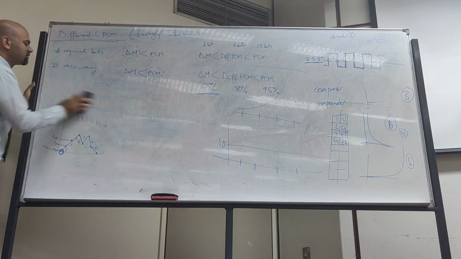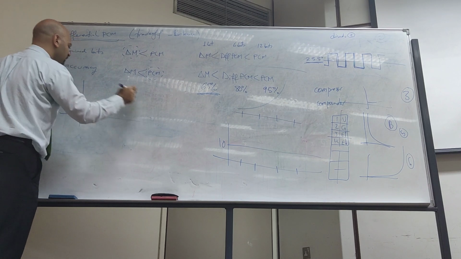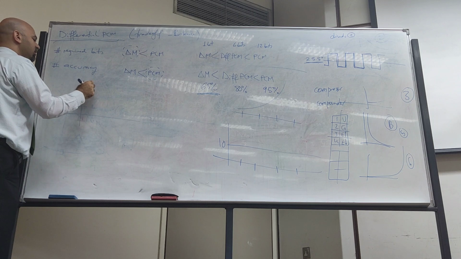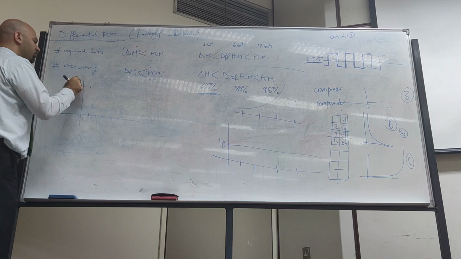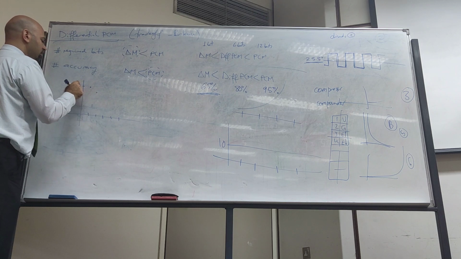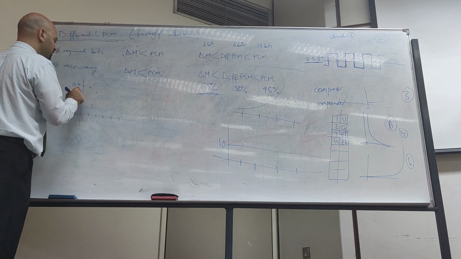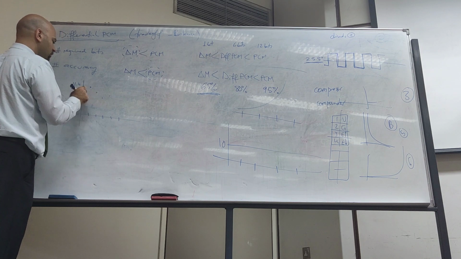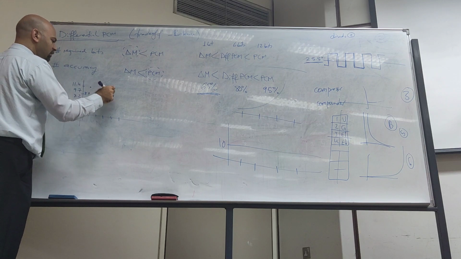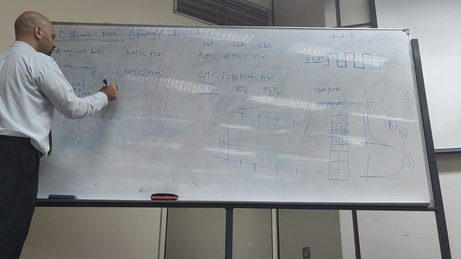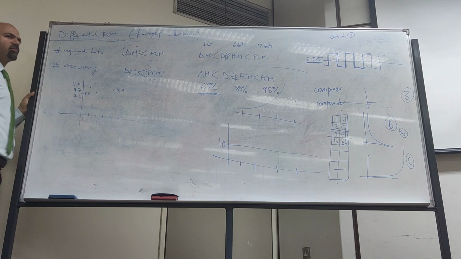So how does the system work? Imagine that I have these values, different samples here: 11.4, 9.7, 8.2, how much? 8.9, 10.7, whatever values.